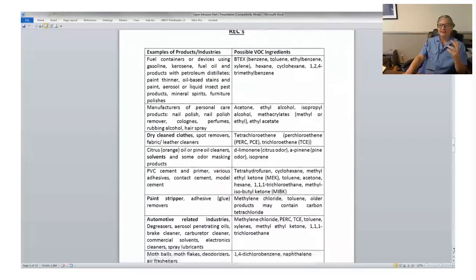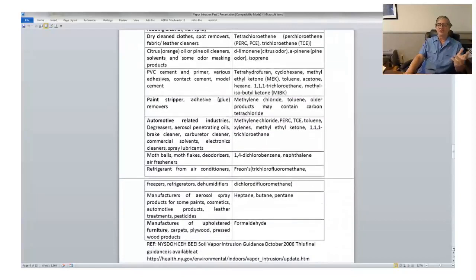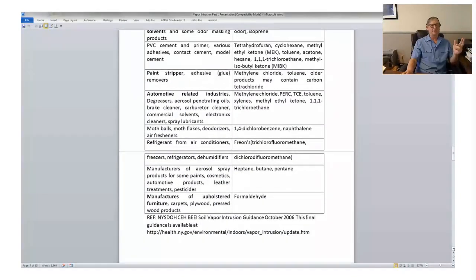So you should really know all the different ways that you can get volatile organic chemical and vapor intrusion from adjacent sites or from your subject site. So if your site was ever a manufacturer of aerosol or upholstery or automotive related industries, including repair, you should be concerned. And there could be the potential for vapor intrusion on your subject site.